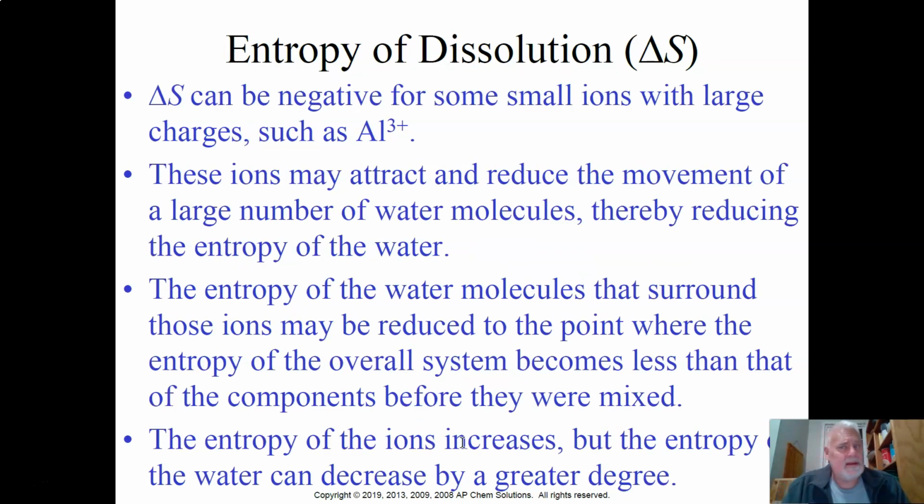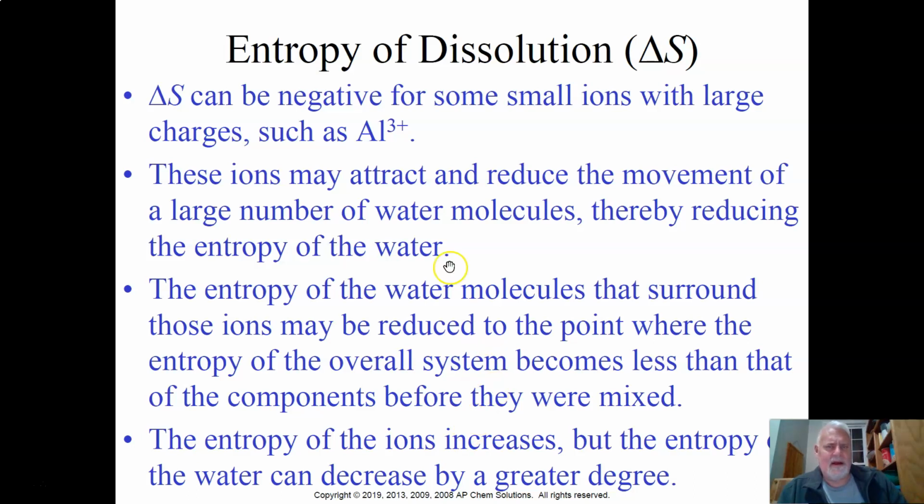All right, now delta S can be negative in rare instances, and this would be one of those things that is a good thinker type of question. So what that would be is if you had a very small ion, so top row kind of stuff, toward the upper right-hand corner where those small ions are, and aluminum having given up 3 electrons, it's going to make it even smaller.